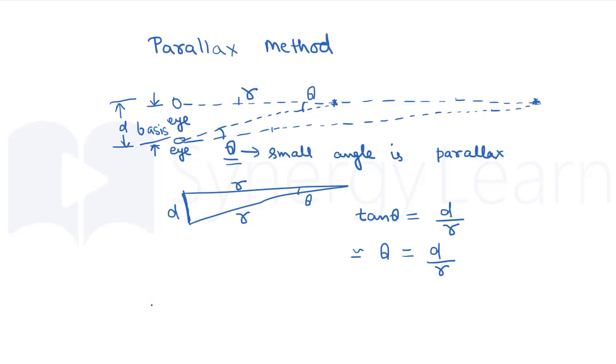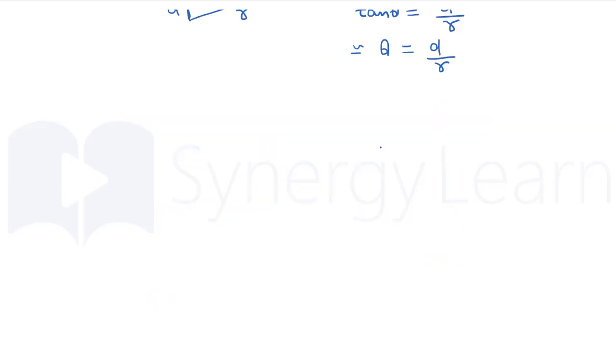Say we have a distant object on earth located far away from us, and we have a stationary star in the background. So we can locate this point by drawing a similar line here and then moving our eye to a nearby position.